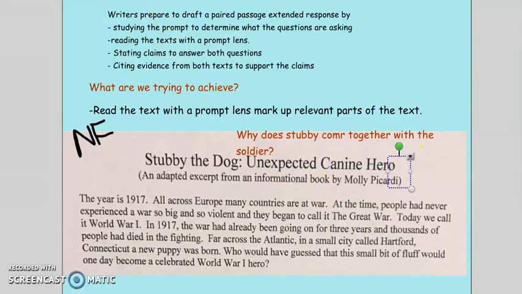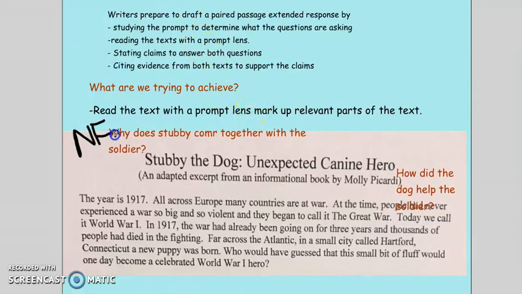That's my second lens. Don't worry, I'm going to move this. How did the dog help the soldier? Or how did Stubby help the soldier? So as I'm reading, I'm going to be looking for these two questions. Why does a dog come together with the soldier?